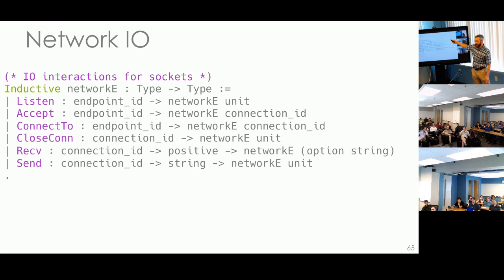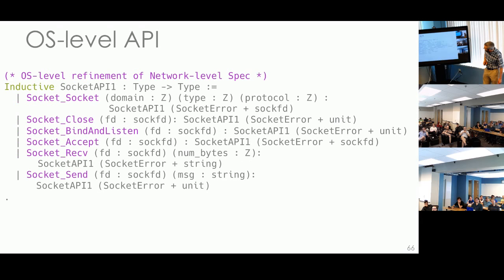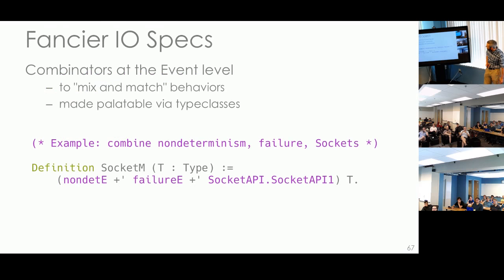I think it's not exactly this anymore, but basically we need to specify, say, a socket API, and we can do that as well. I guess that was the higher level network API. This is more like the OS level POSIX sockets interface, which you can imagine writing C code against.